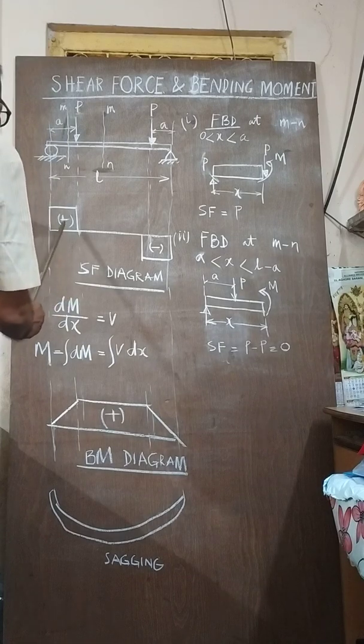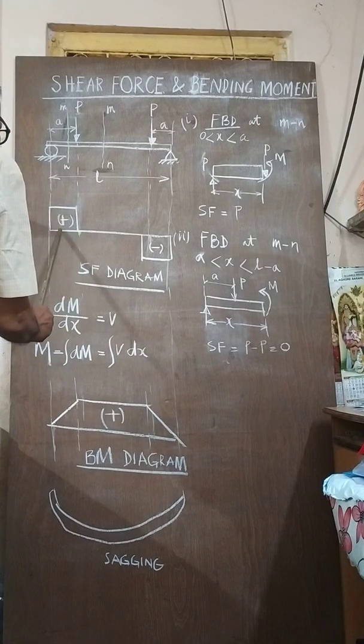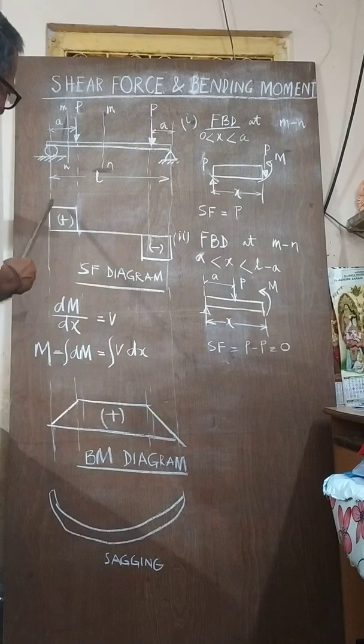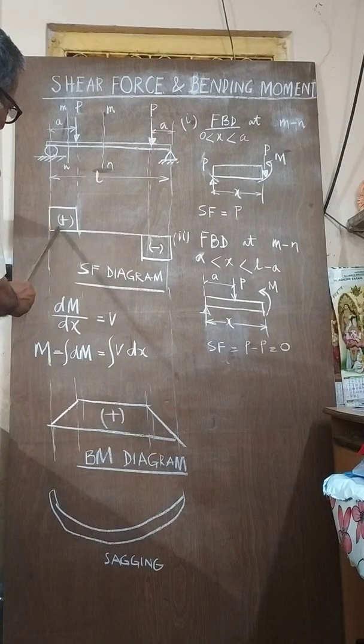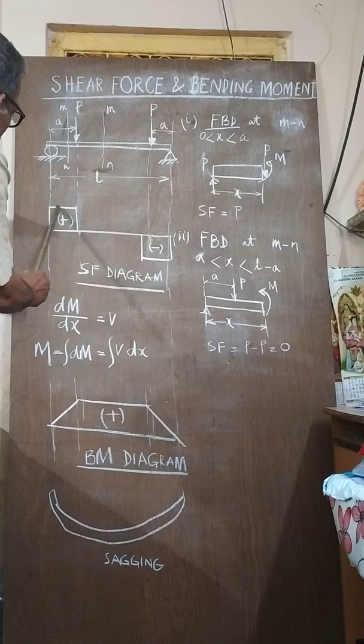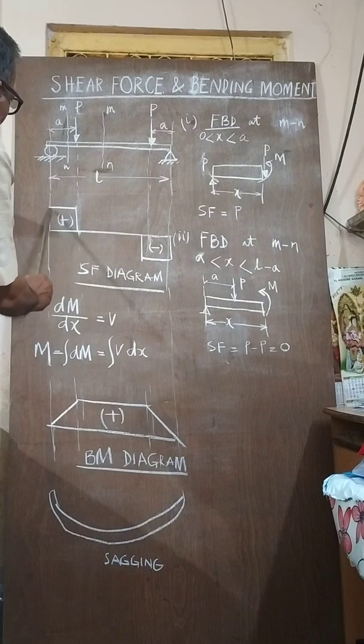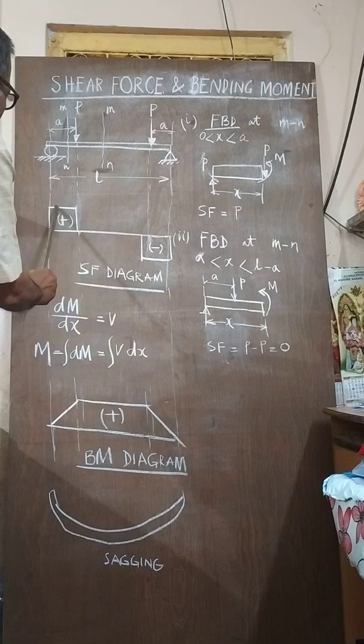So if you want to draw the bending moment here, you calculate the area of the shear force curve. Suppose this distance is a by 4, and this is P. So a by 4 into P is the area of the curve.